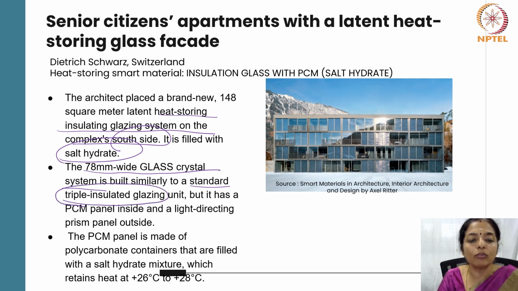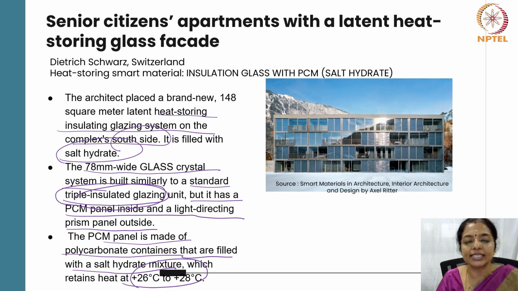We have already seen triple glazing unit has 4 glass. But it has a PCM panel inside and a light directing prism panel outside. The PCM panel is made of polycarbonate containers that are filled with salt hydrate mixtures which retains heat at 26 degrees to 28 degrees centigrade.